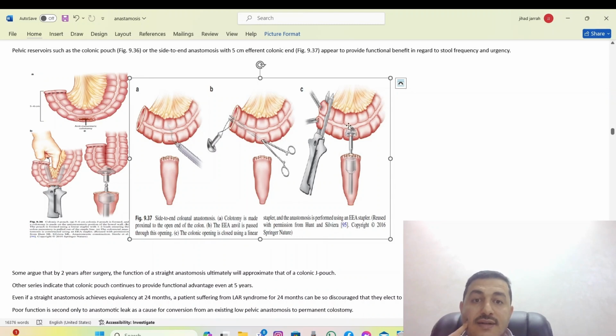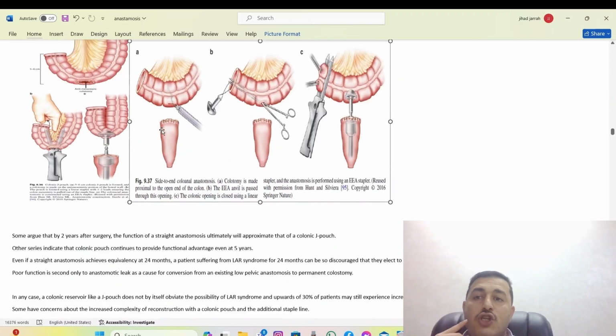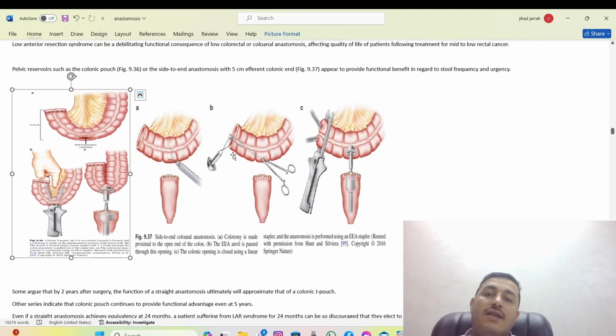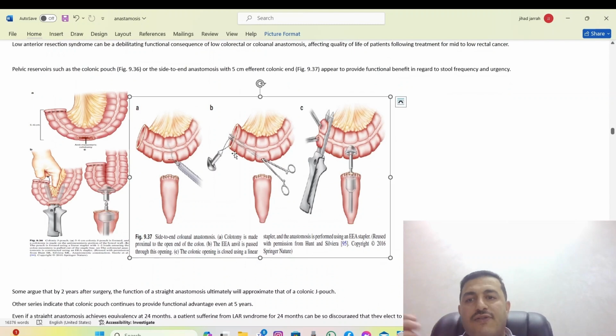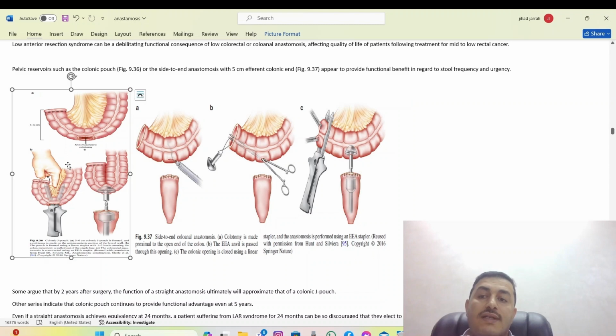They bring this part for accommodation. If we compare this technique with that technique, there is no difference, except that the colonic J pouch technique needs longer time.